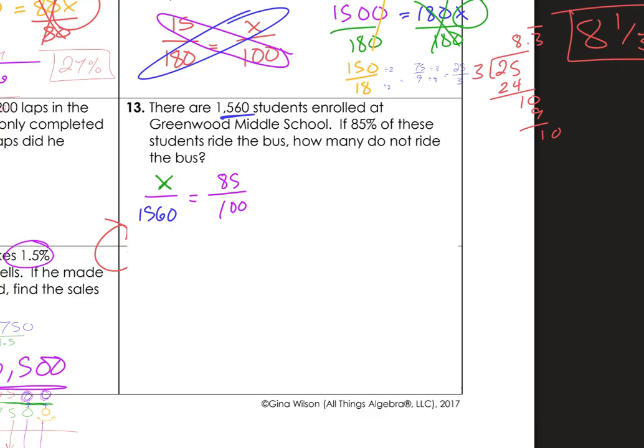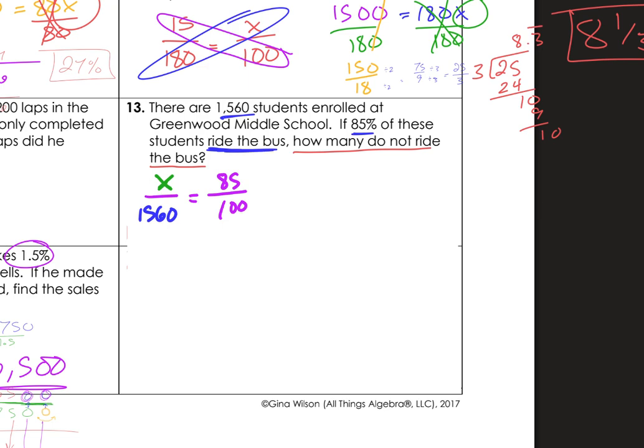But here's where I was like, listen, we got something a little interesting we can do. You could go ahead and do this math. You could go ahead and cross multiply and you would get an answer. But we want to know how many do not ride the bus. Well, listen, 85% do ride the bus.